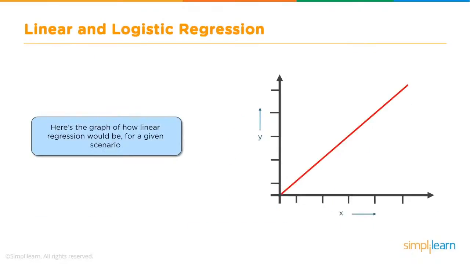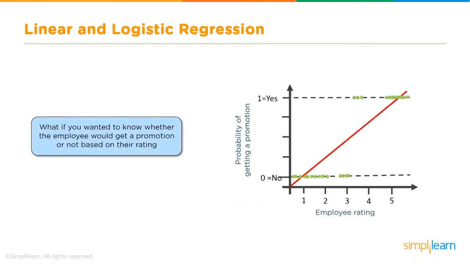Now, just to extend on this scenario, let's say we want to find out whether this employee is going to get a promotion or not. That is a discrete problem, right? A yes or no kind of problem. In this case, we actually cannot use linear regression, even though we may have labeled data. So this is the labeled data, based on the employee rating.